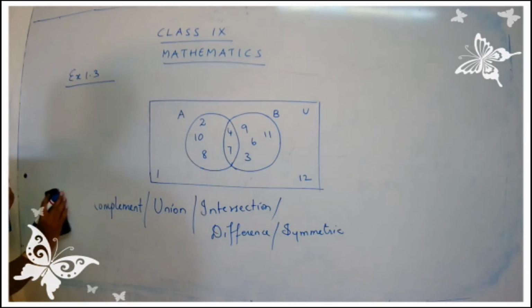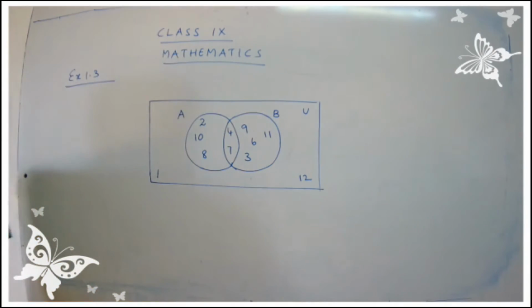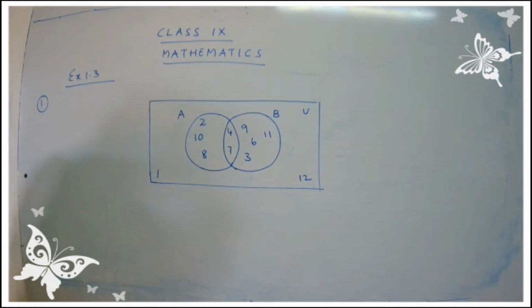Take down your classwork, write down today's date, write down today's day, write down exercise 1.3, and write down the first question using the given Venn diagram.